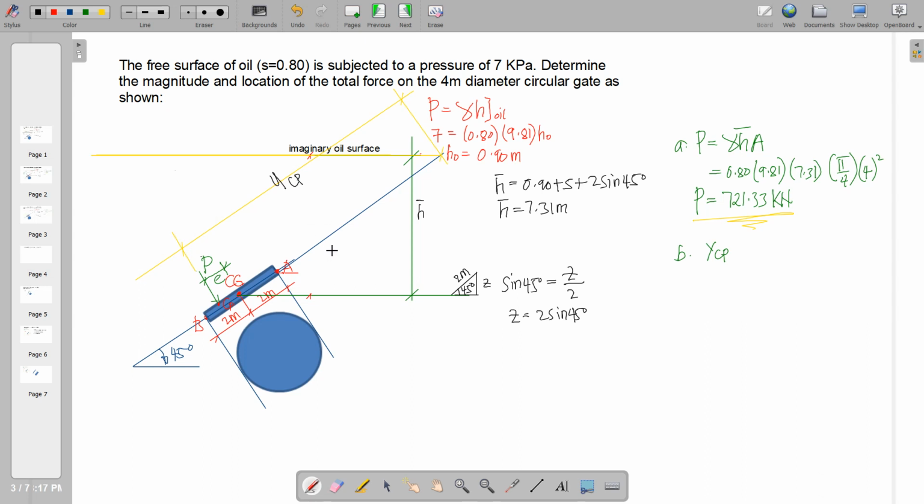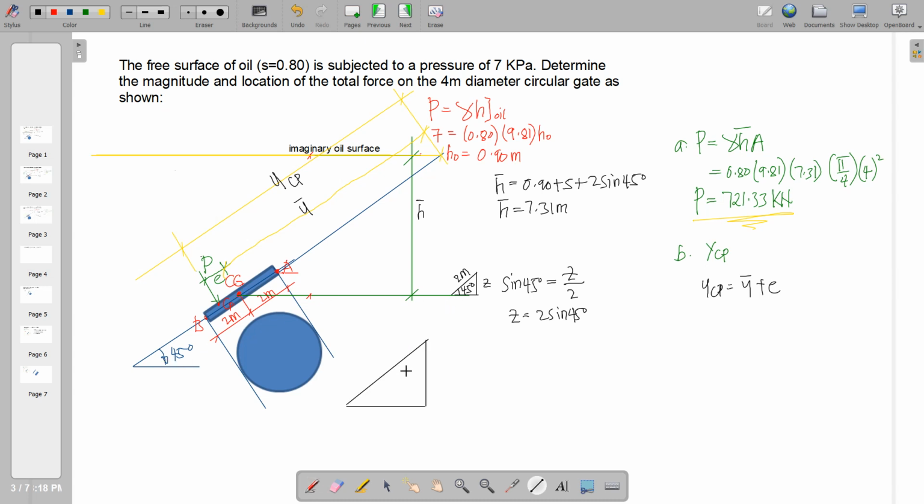This is YCP. And YCP, from this point up to that, this is our Y bar. So therefore, YCP is equal to Y bar plus E. Now we can relate Y bar and H bar because if you observe, Y bar is just the hypotenuse of this H bar given the angle 45 degrees.